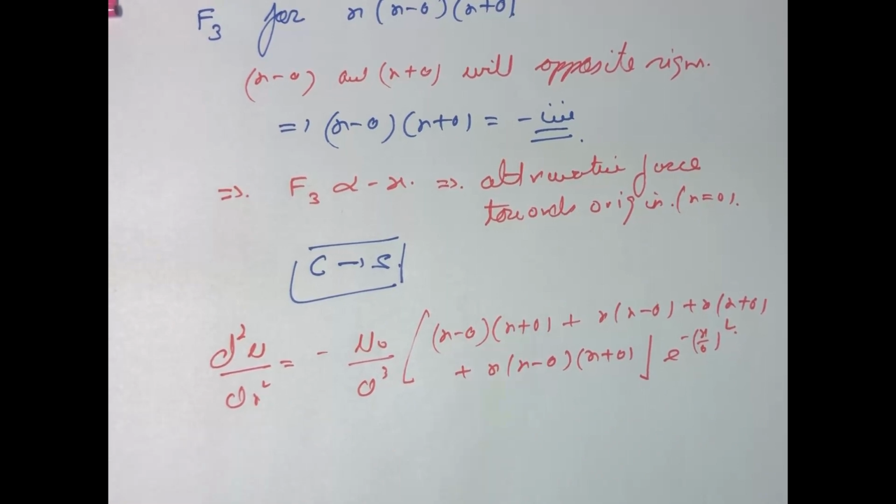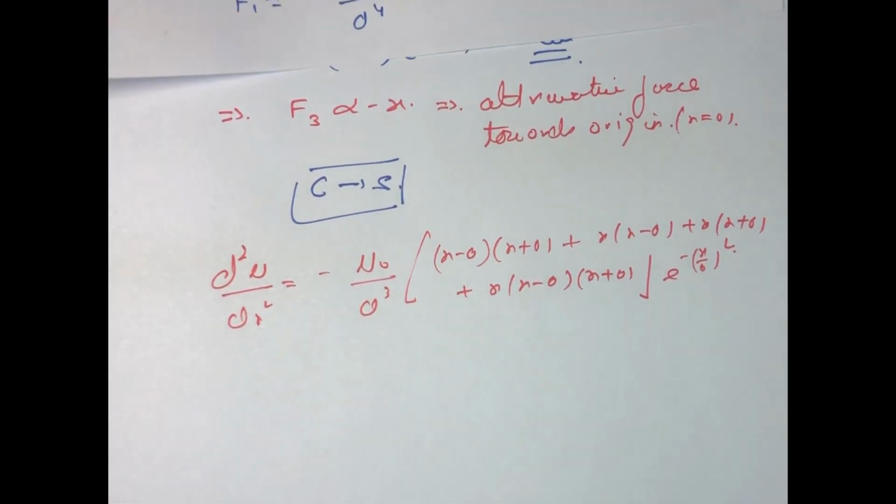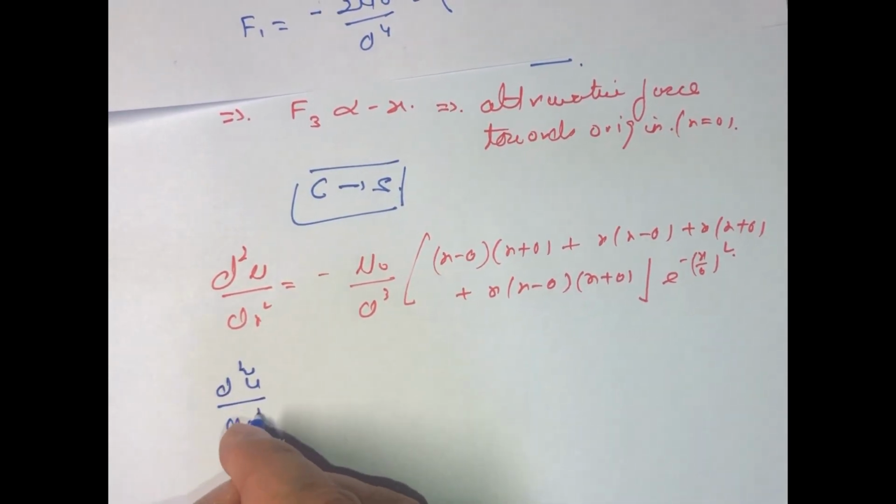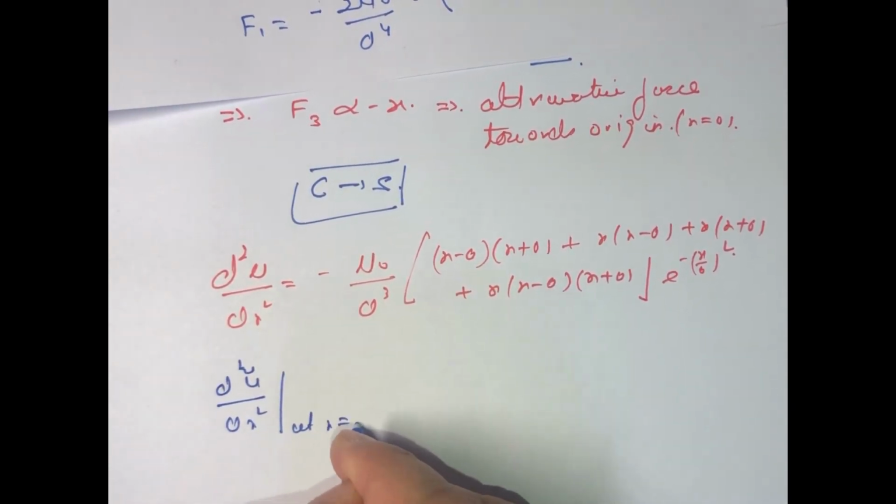So let us find out the value of d2U upon dx square at x equal to minus of a.